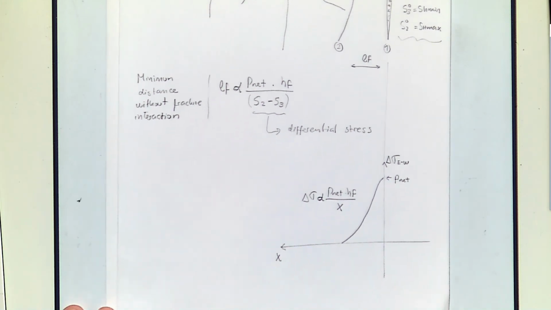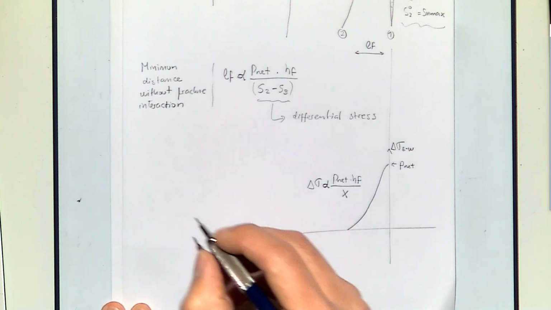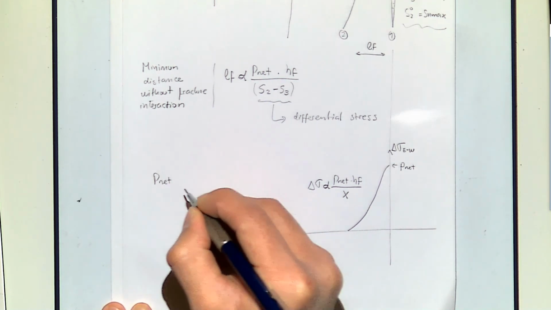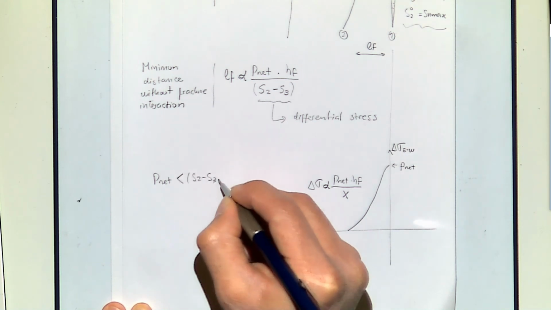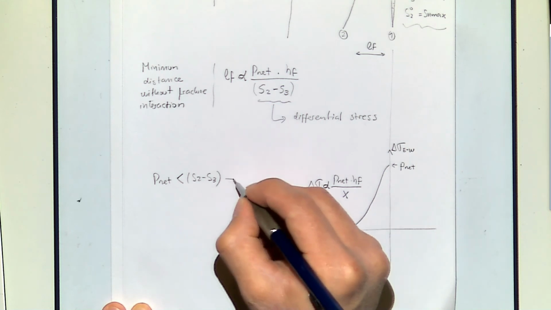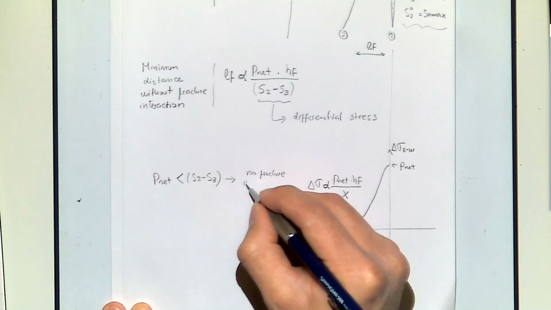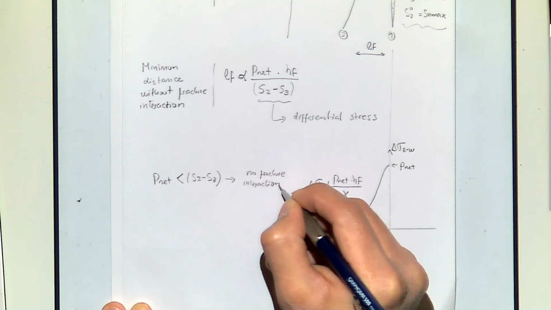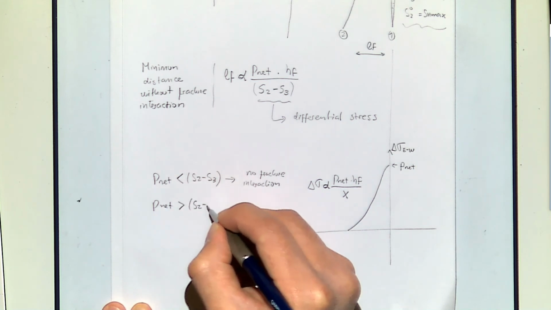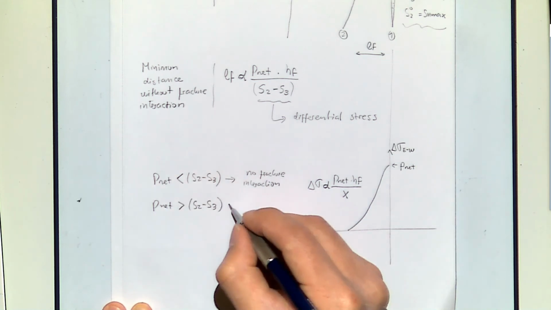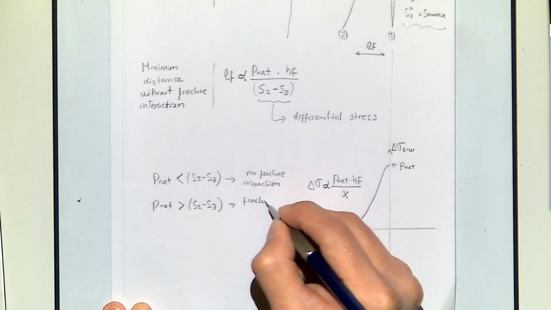And just to write it down over here too, if the net pressure is smaller than the differential stress, you're going to have no fracture interaction. If the net pressure is higher than your differential stress, you might have fracture interaction.